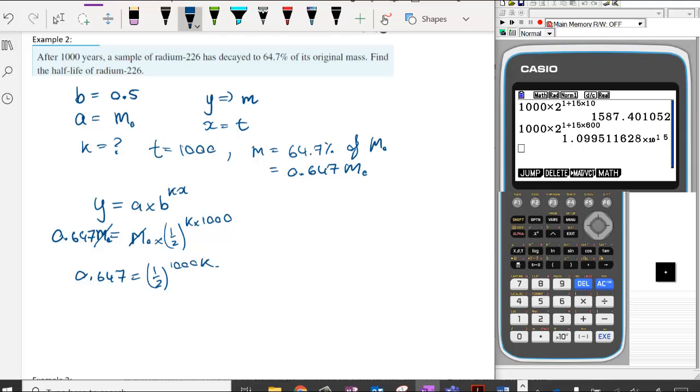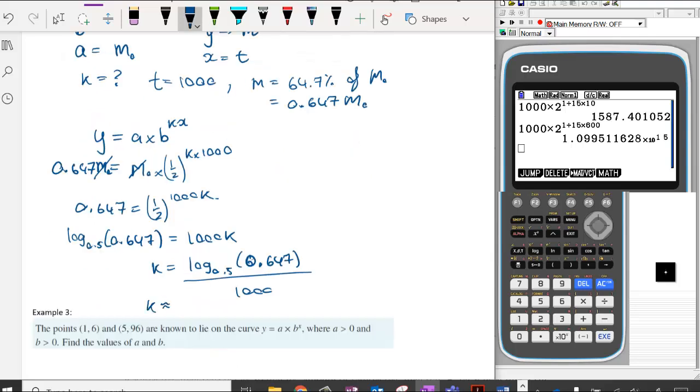Here we want to use our logarithm, so if we put this into logarithm form, we have log base 1/2 of 0.647 is equal to 1,000k, and therefore k will be equal to log base 0.5 of 0.647 over 1,000.